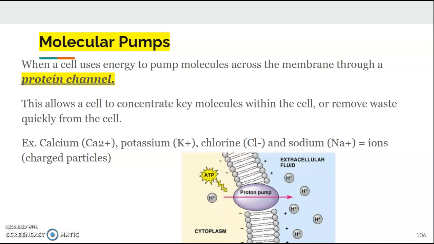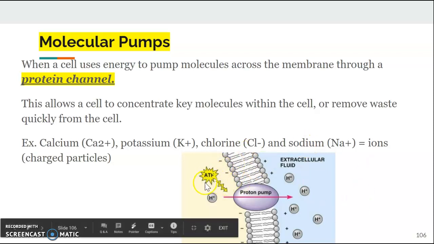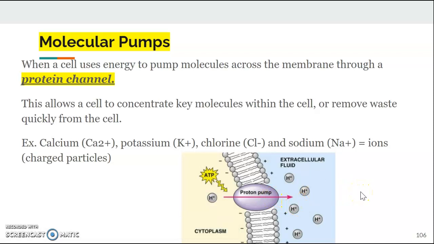Molecular pumps is another way that we accomplish active transport. This is when you have a protein pump or a protein channel. So remember, we have protein channels that do facilitate the diffusion. So what you're going to look for is, is it using energy? And in this picture, you could see that ATP is needed for this to happen. So what this does is allow key molecules to concentrate within the cell.